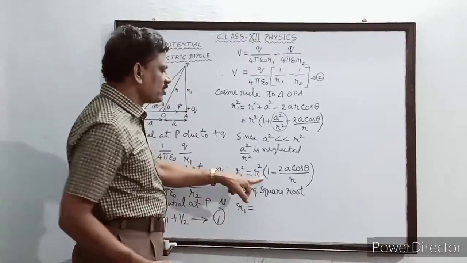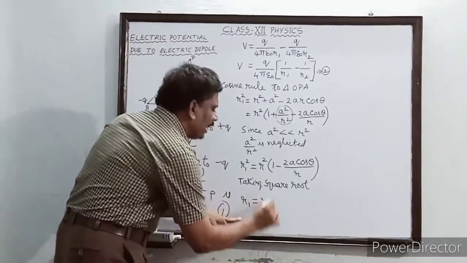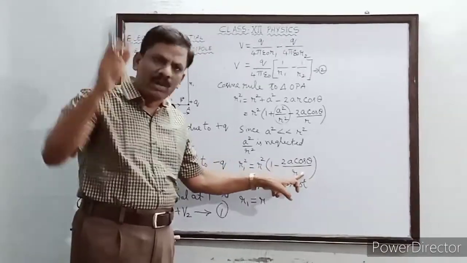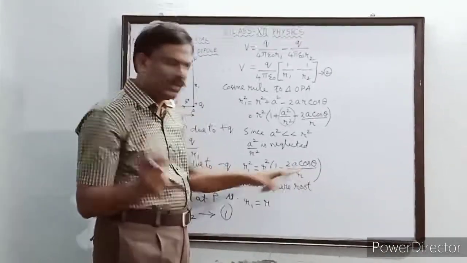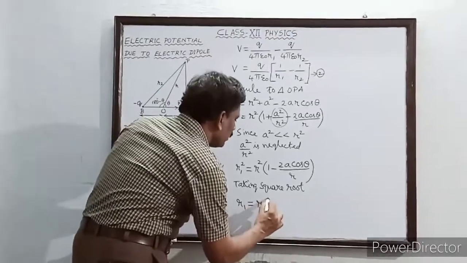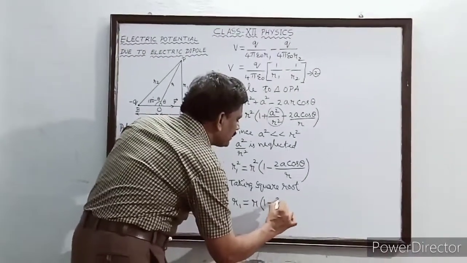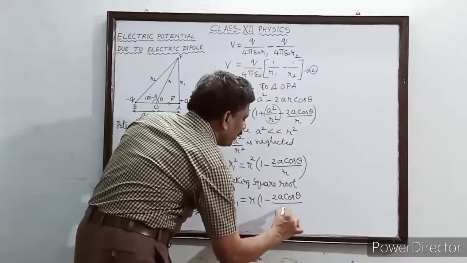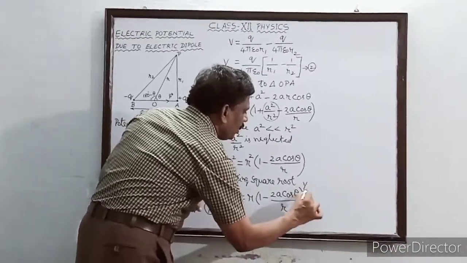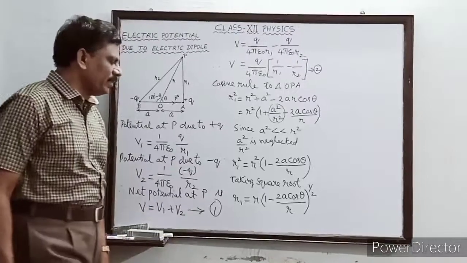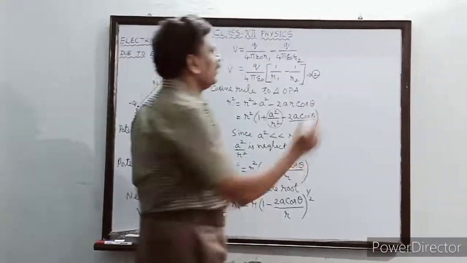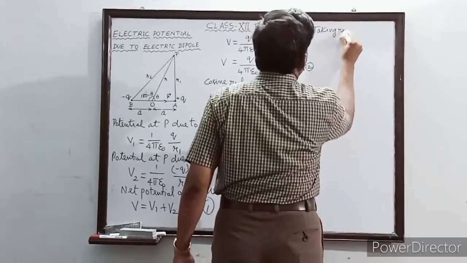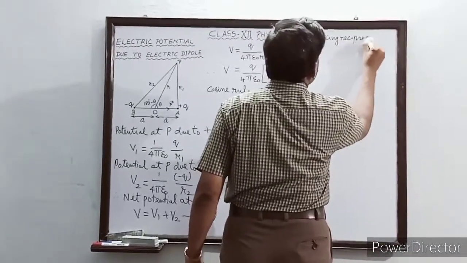On the right hand side, square root of R square will become R. And the square root of the bracketed term can be written as whole power 1 by 2. So this is equal to R into 1 minus 2A cos theta by R whole power 1 by 2. Now I am going to take the reciprocal. Taking the reciprocal is the next step.